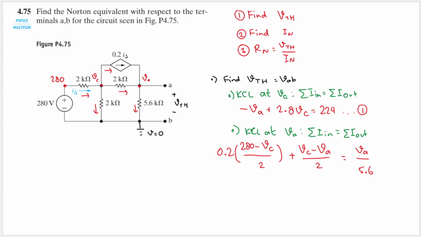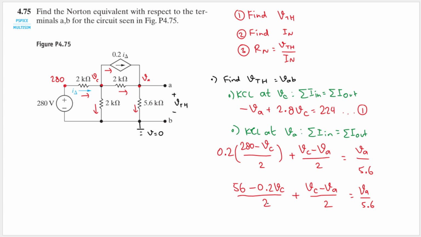So we will have 0.2 multiplied by 280, that is 56, and then minus 0.2 VC divided by 2, and this one we will have VC minus VA divided by 2, and that one will be VA divided by 5.6.